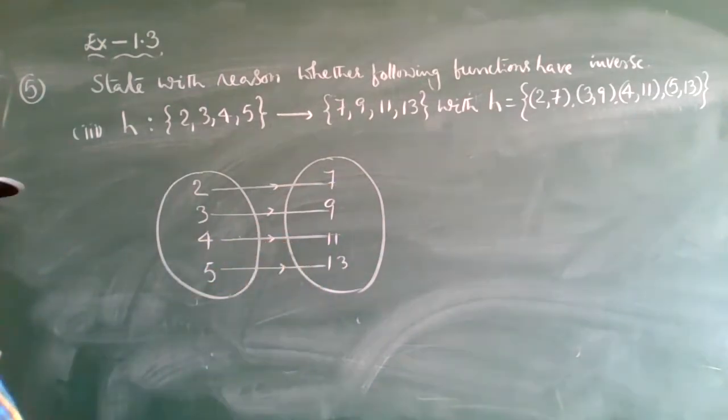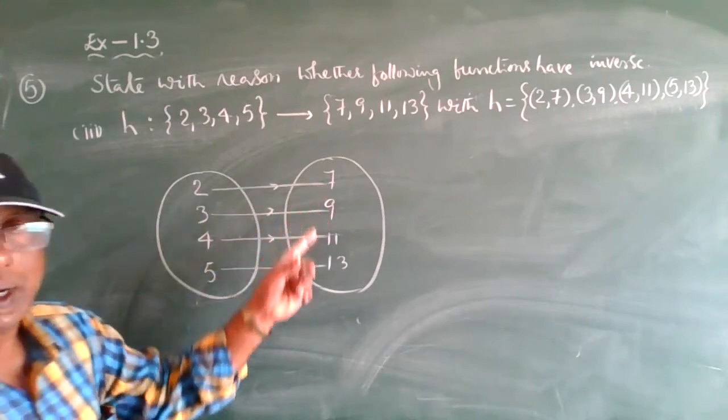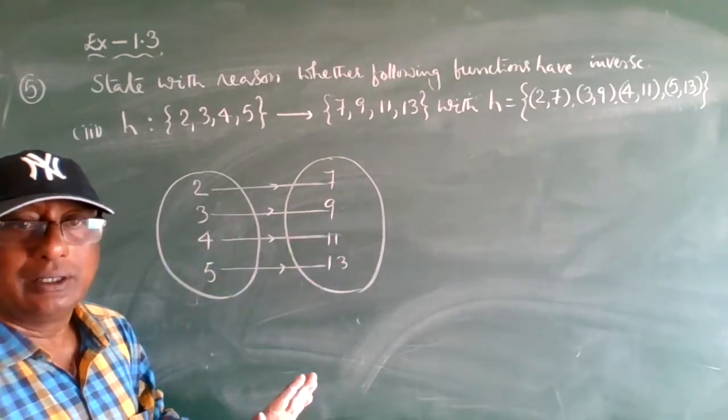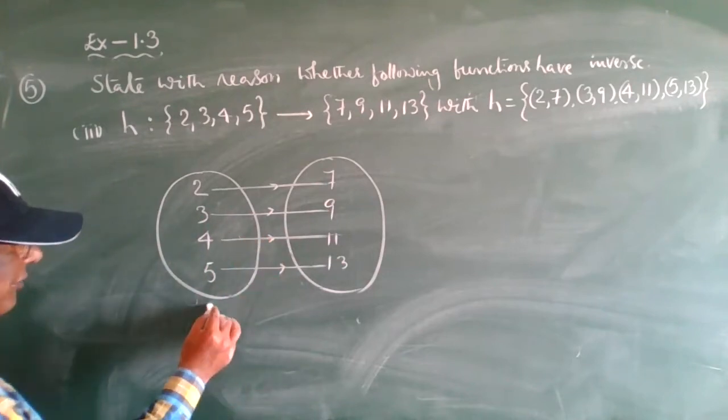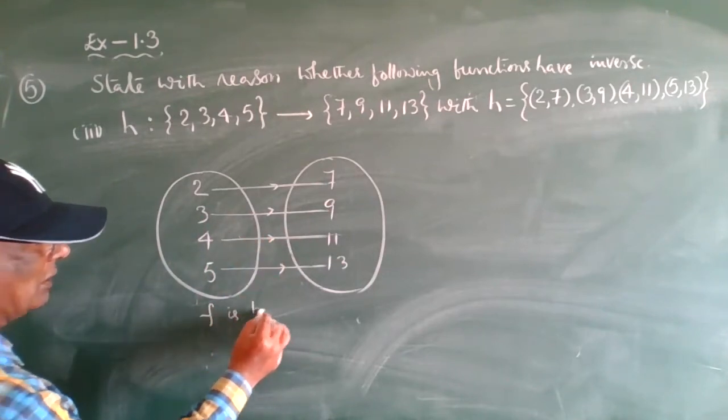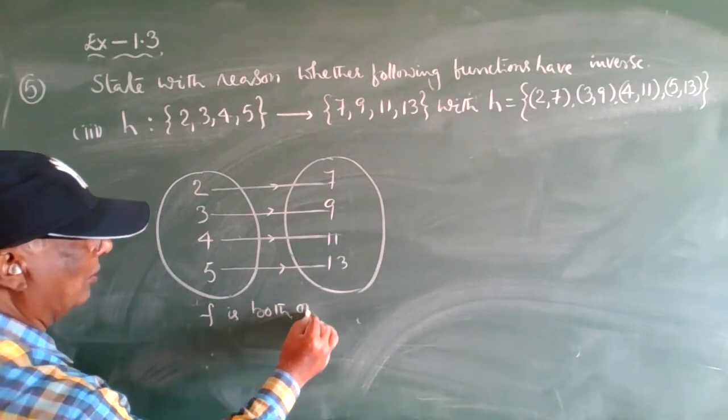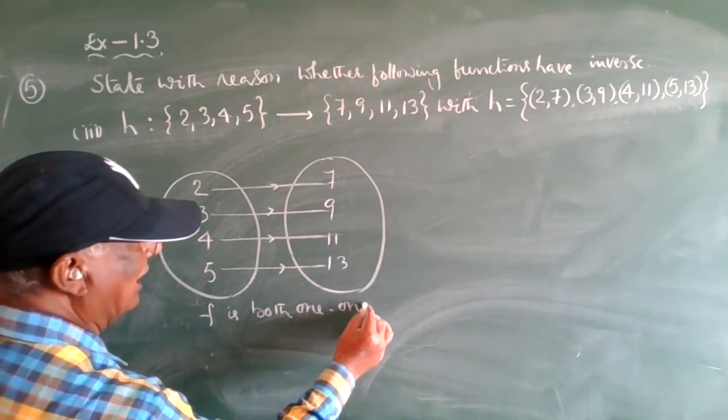Each element has one image, and the codomain and range are both equal. Therefore h is both one-one and onto.